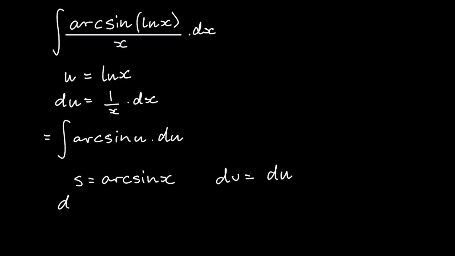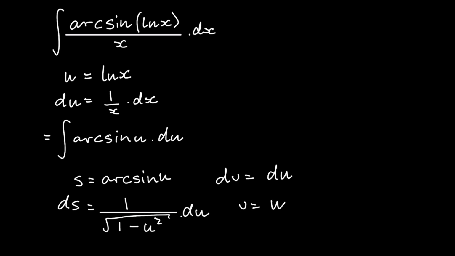So differentiating arc sine of u, we get 1 over the square root of 1 minus u squared du. So now v is also going to be equal to u.